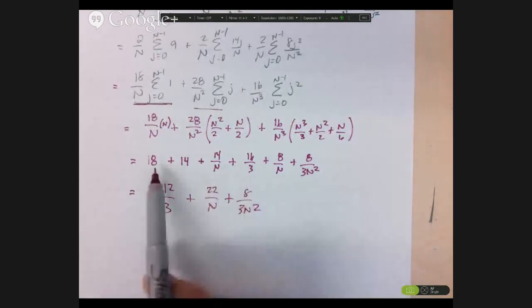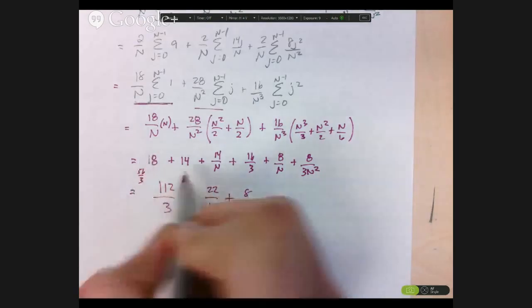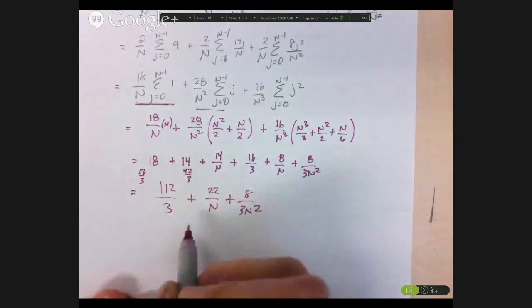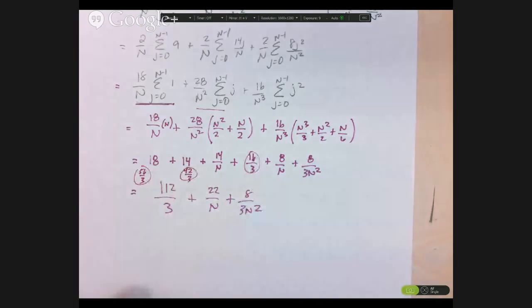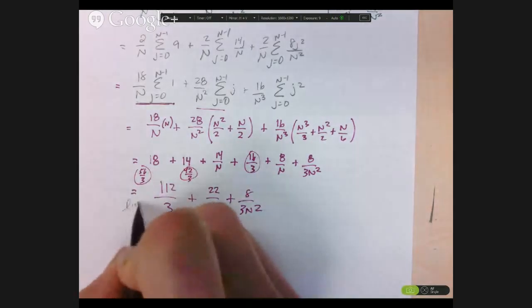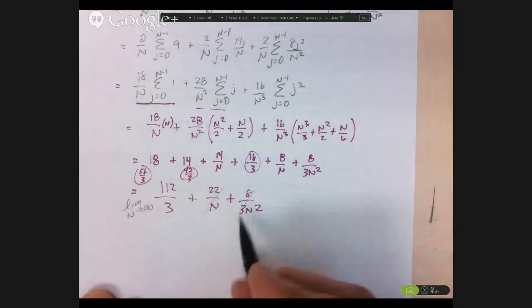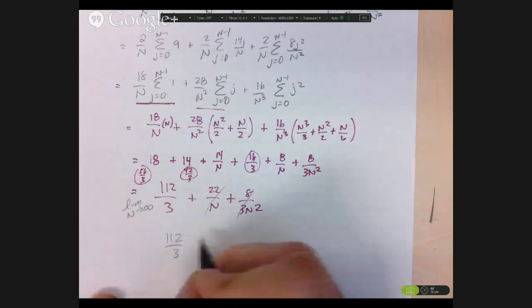So common denominator. This is 56 over 3 and 42 over 3. So if we take the limit, those cancel out and we get 112 over 3 as our area.